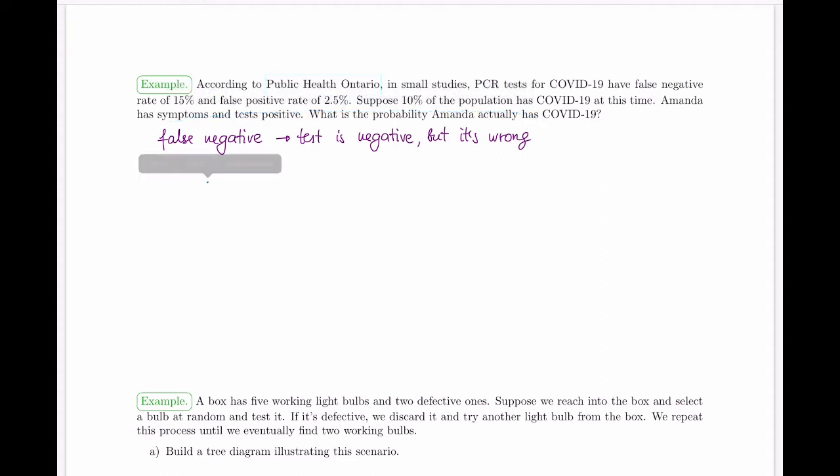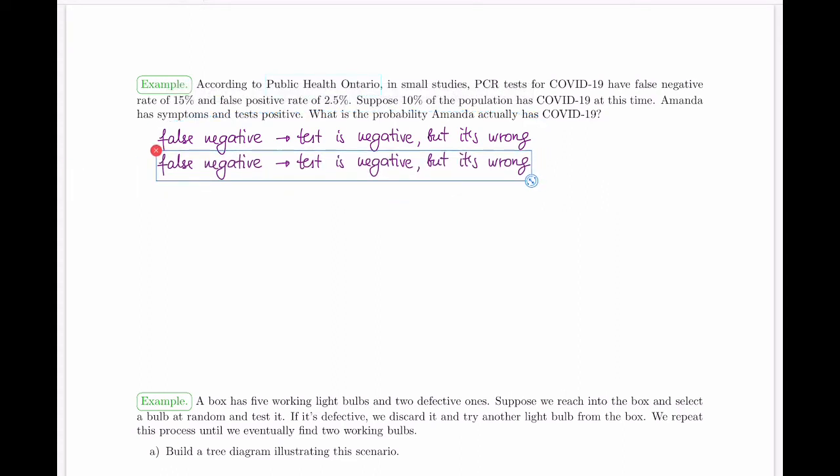False positive means the exact same thing, but in the reverse. So false positive means that the test showed you that you are positive for COVID-19, but the test is wrong. So these are indications of what the test result shows, and the false means that that is actually incorrect.